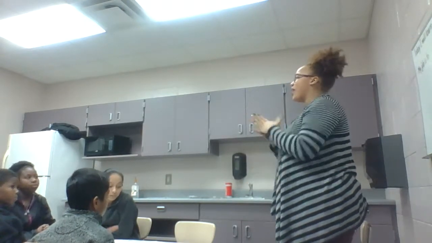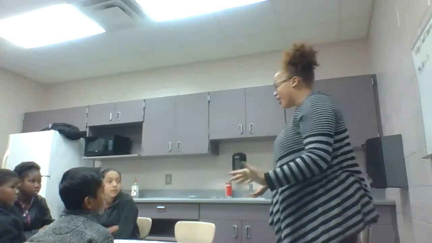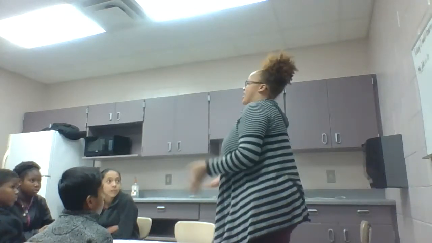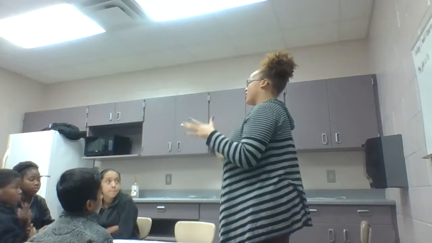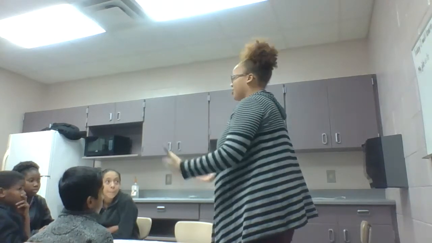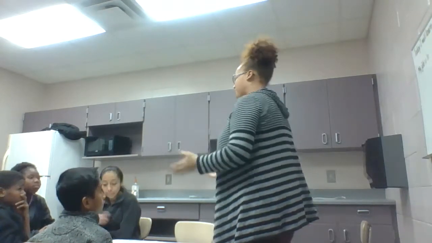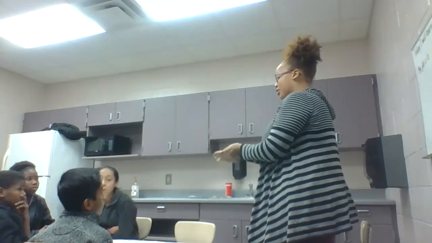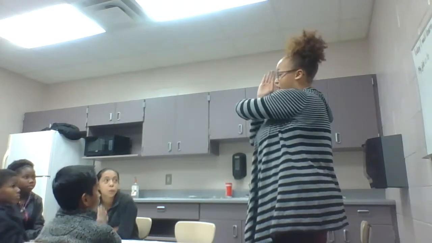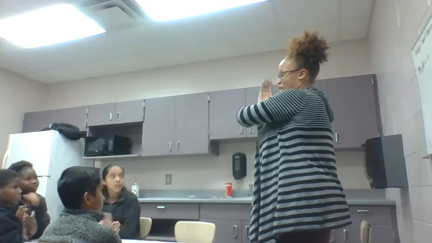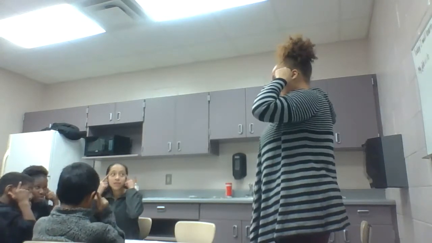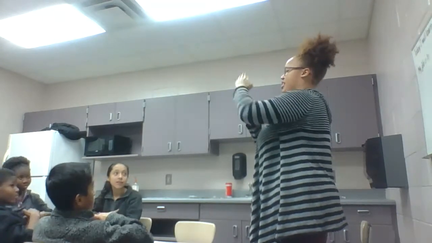A nice way for us to understand and remember how to make inferences is with hand motions and chants, okay? I'm going to do it first, and I'm going to teach you, and then we're going to do it a couple times. So it's book clue plus brain clue equals inference.